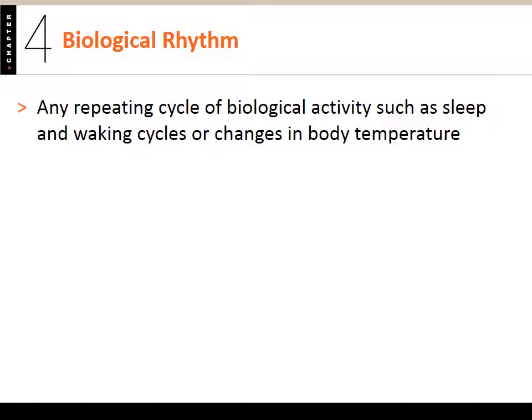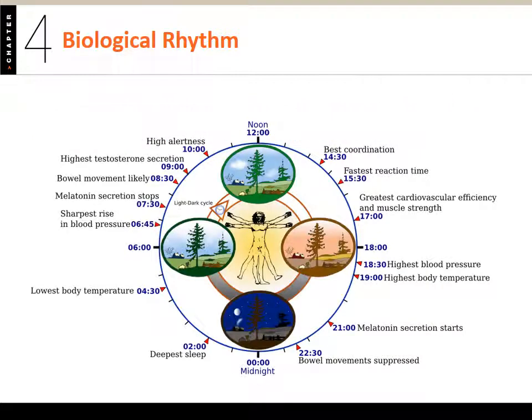Let's talk about biological rhythm, any repeating cycle of biological activities, such as sleep and waking cycles or changes in body temperature. So here's a chart from Wikipedia about a typical, just an average, biological rhythm. Again, yours could be different. This is just on average. Let's start about 6 in the morning when you wake up, and at 6:45 is your sharpest rise in blood pressure, and then melatonin secretion stops about 7:30.